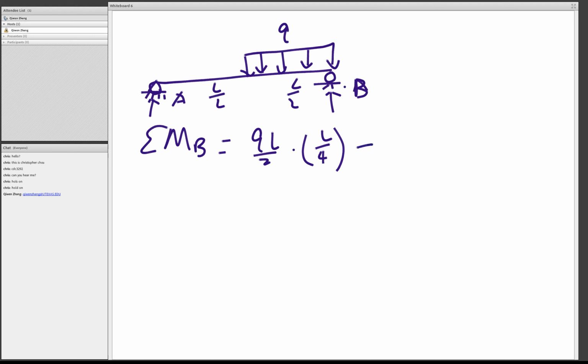For the moment diagram, I will just normalize everything by dividing by QL squared. So 1/8 times 1/2 is 1/16. And then it still goes up until it hits 5/8 L, right? So this area here is 1/8 times 1/8 times 1/2, which is 1/128.